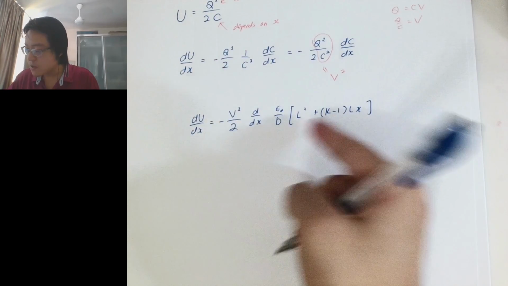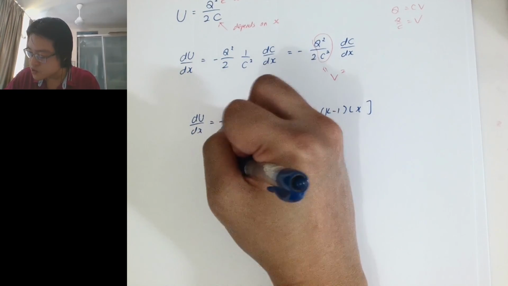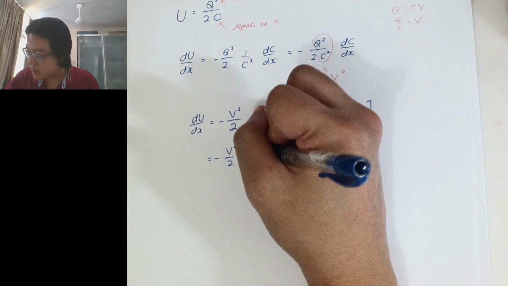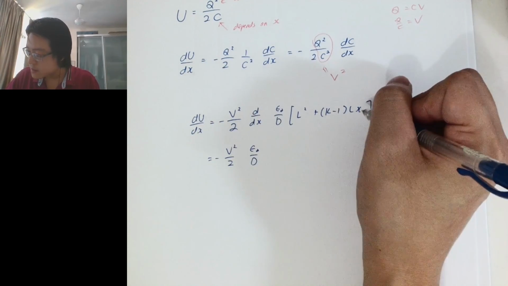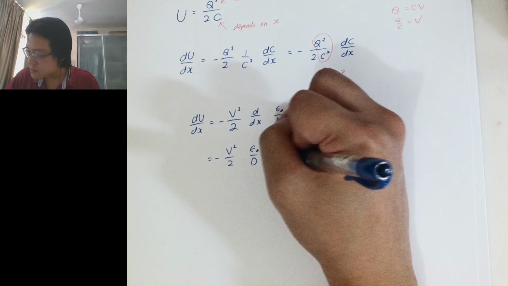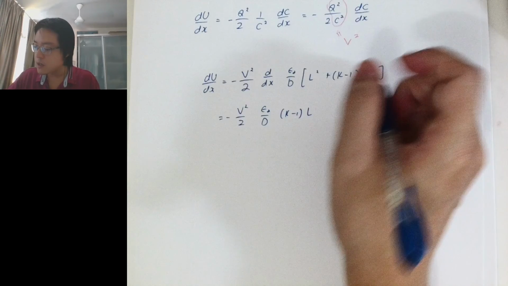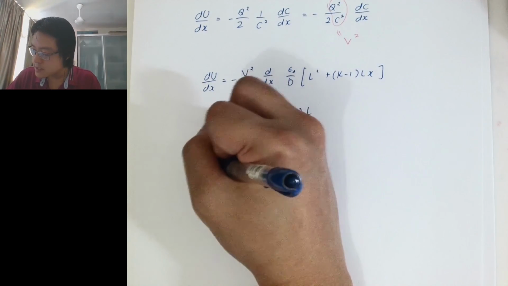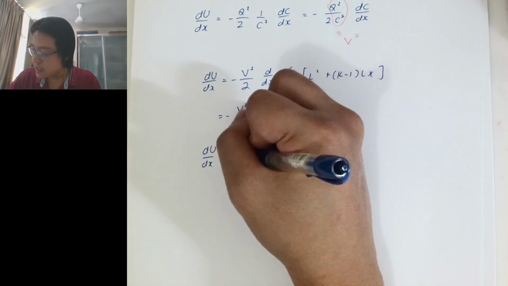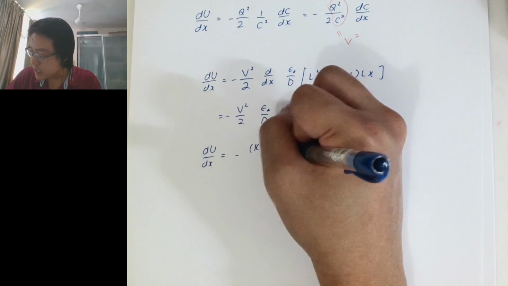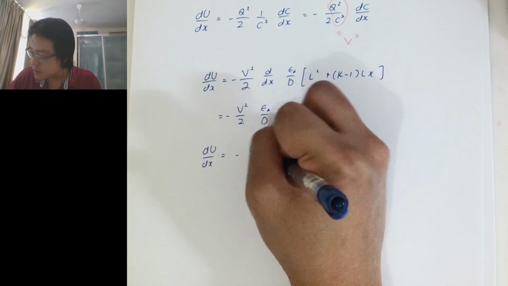These are constants, so if I differentiate, I get V squared over 2 times epsilon over D times (K minus 1) L. Differentiating x, it will be gone. So dU/dx is equal to negative (K minus 1) epsilon L V squared over 2D.